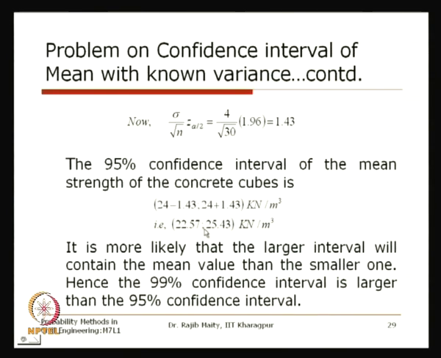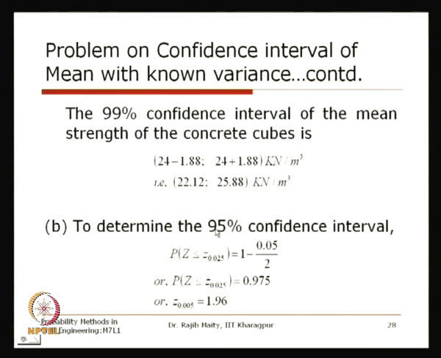But what we should observe here is that there are two confidence intervals we have determined. One is the 99% confidence interval, and the other is the 95% confidence interval. The 95% confidence interval is 22.57 to 25.43, whereas the 99% confidence interval is 22.12 to 25.88.